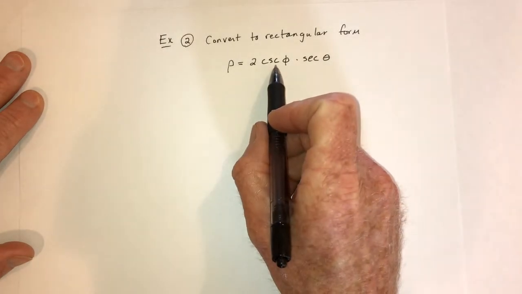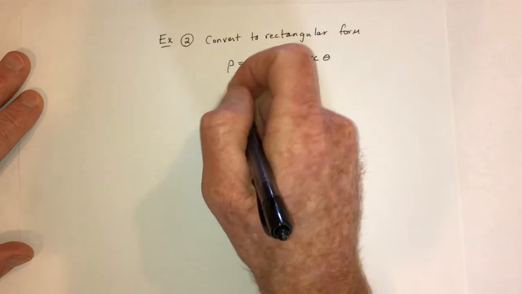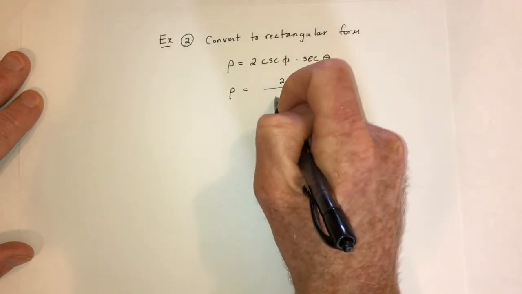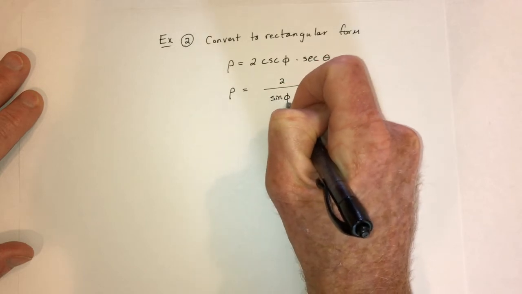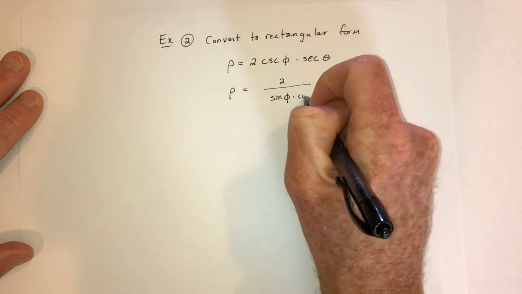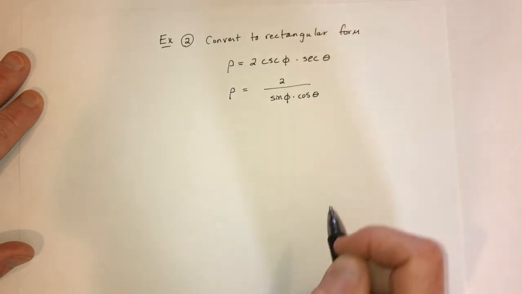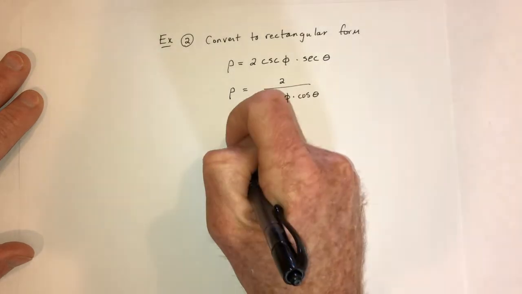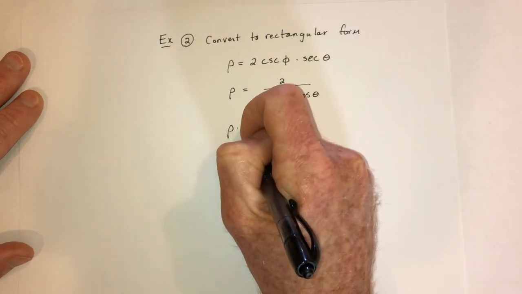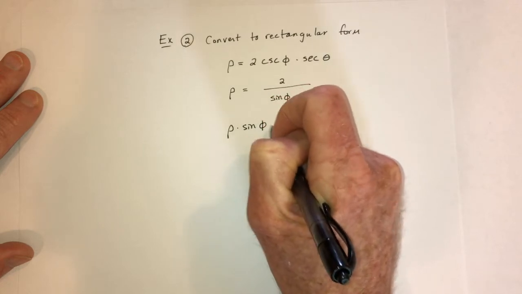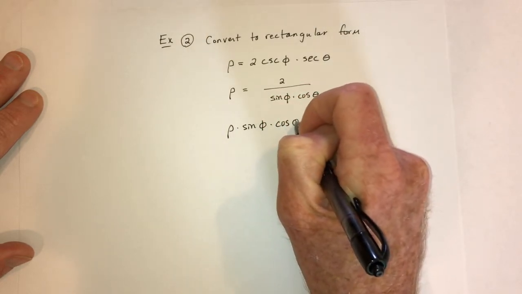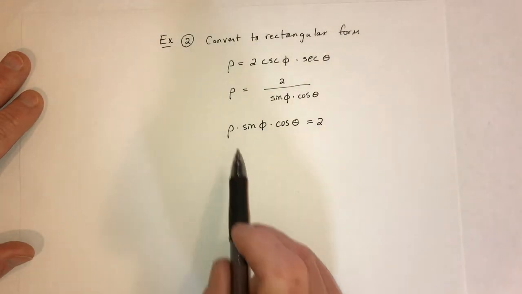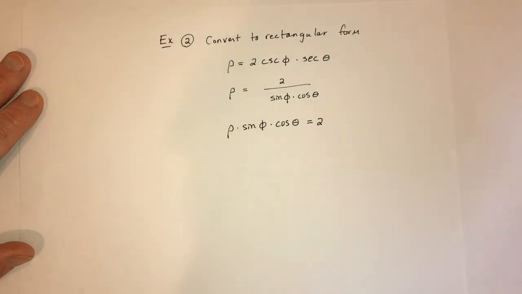Well, for one thing, I could change cosecant to 1 over sine, and secant to 1 over cosine. So it's going to be 2 on the top, and then this will be 1 over sine phi, and this will be 1 over cosine theta. And then I could take this and multiply both sides by it. So then the left side would have rho multiplied with sine phi cosine theta, and then it equals 2. But then that looks familiar.